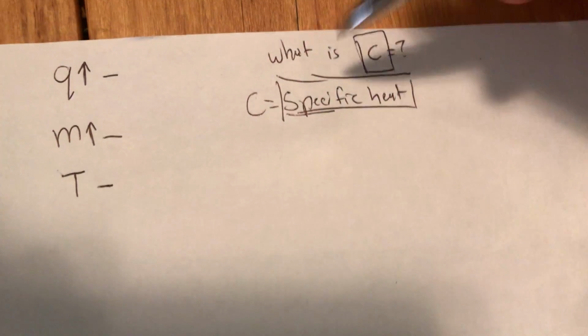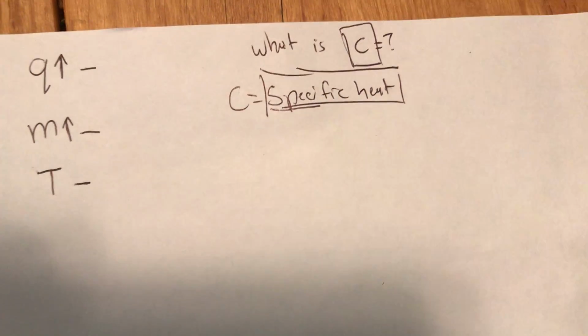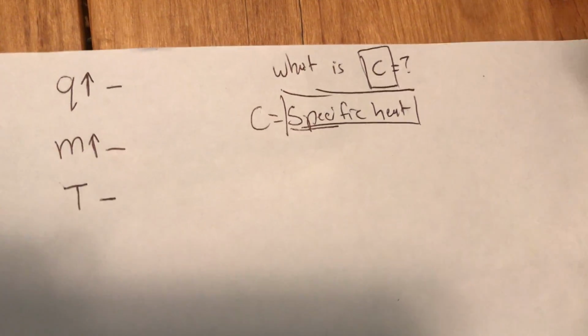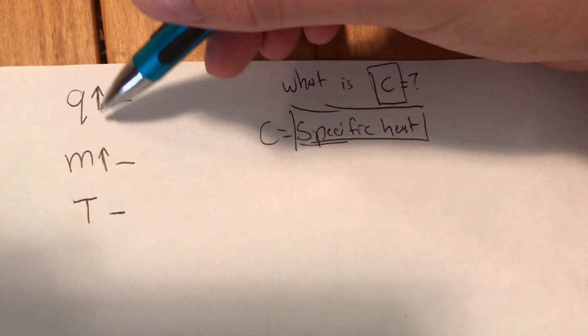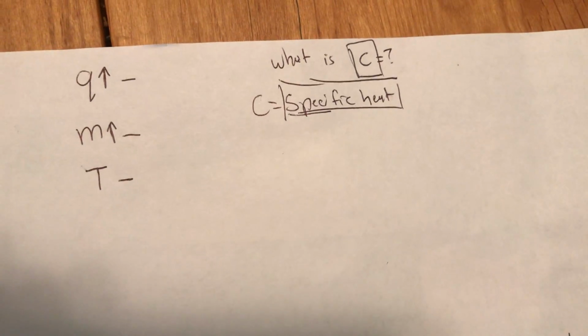If you notice, the C stayed the same because we were using the same substance for every example. Now, if you look at what was happening between Q, M, and T, one of them should have stayed constant the whole time, and the other two would have changed.